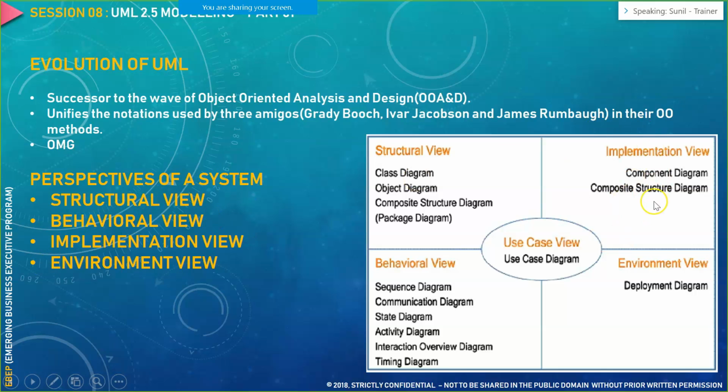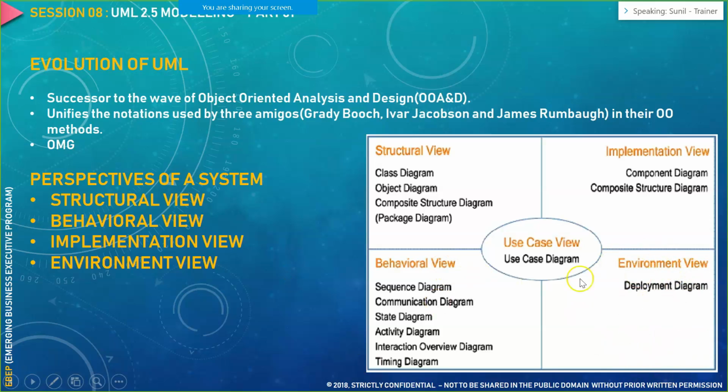So that is your implementation view. Then comes your environmental view, which is your deployment diagram. Like I said, we would have multiple environments in a particular system. We would have a production environment, a user acceptance testing environment, a testing environment, a system integration testing environment, a development local environment, then any XYZ environment if we have.